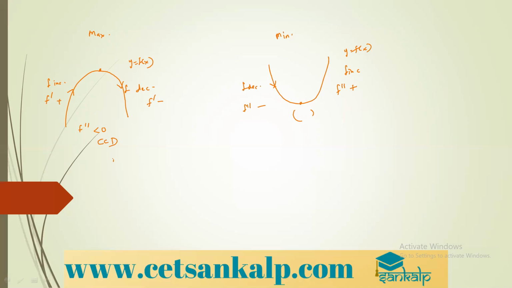The maximum point or minimum point can be written as something like a comma f of a, or we can say maximum, maxima or minima, whatever it is, occurs at x equal to a, or we can even say maximum or minimum value is f of a.